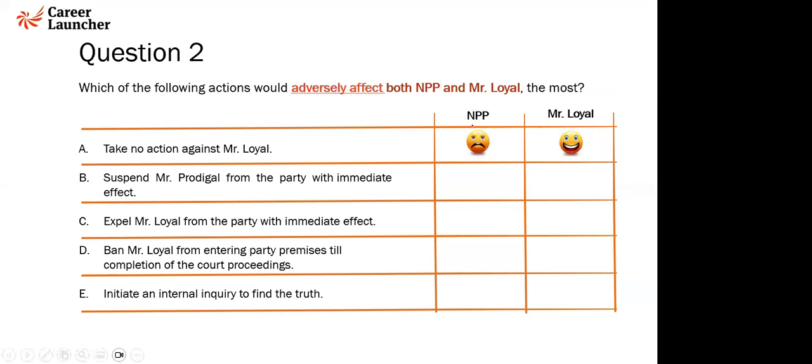So he'll be happy, but NPP will continue to face the challenge of, let's say, questioning from the media and the social activists. So it is negative for NPP and positive for Mr. Loyal. And we're looking for something which is negative for both of them.